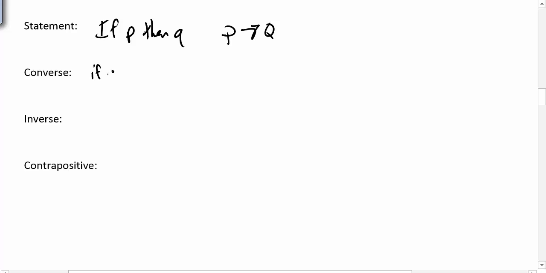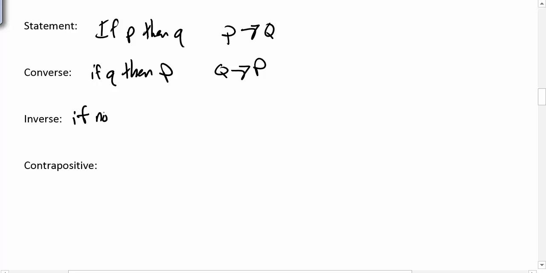So if Q, then P. Symbolically, I guess I should be consistent, I seem to be doing capitals. The inverse is when we negate the original statement.